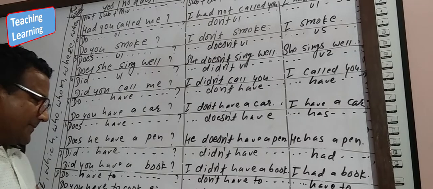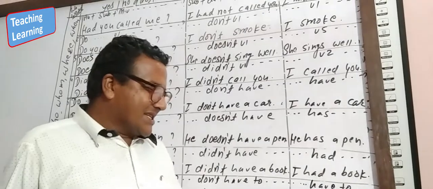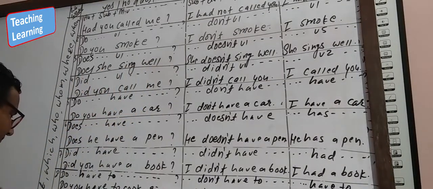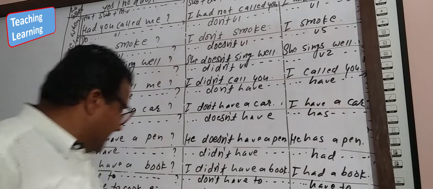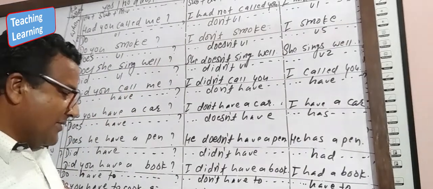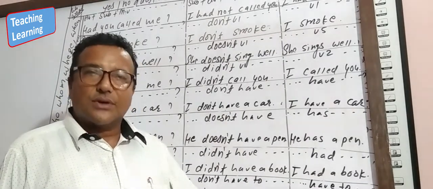Look at this example. Does she have to go? No, she doesn't have to go. Yes, she has to. If the question has been asked with did, subject, have to, then the negative is didn't have to, and the positive is had to. Did you have to call me? No, I didn't have to call you. Yes, I had to call you.